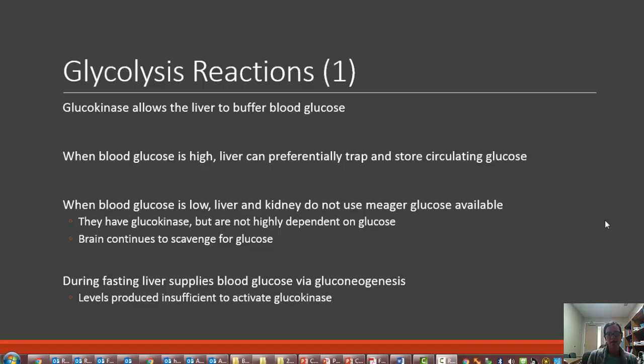Another benefit of the glucokinase is that because it has a low affinity for glucose, if we're starving and our body's saying, give me glucose, give me glucose, and we make glucose via gluconeogenesis, we're really still not going to have enough glucose in there that it's going to activate this glucokinase to transform glucose. So it'll just keep the glucose that we have to maintain our body homeostasis and to give to the tissues that really need it.